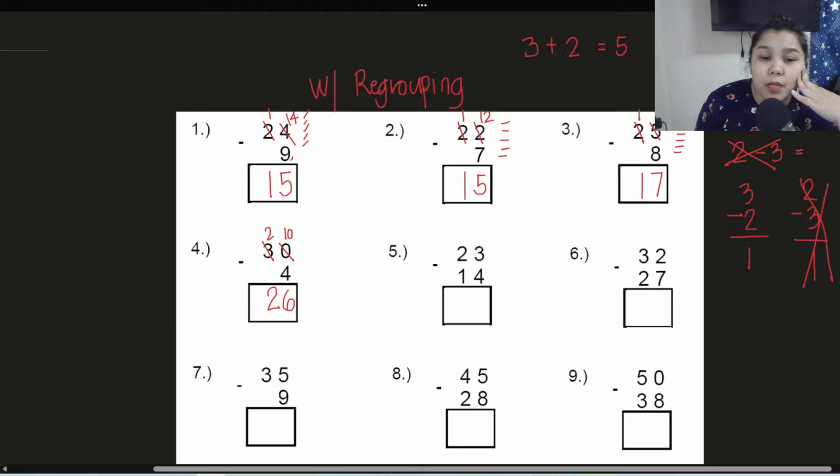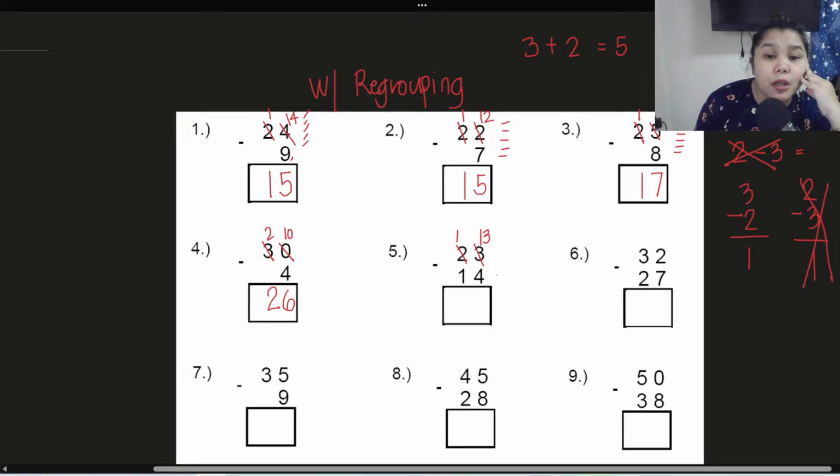Next, 23 minus 14. So, if you notice, we have now a 2-digit subtrahend. Okay, so let's begin still. Begin with 1s. So, 3 minus 4, no. So, if our answer is no, then we need to borrow. So, we need to borrow from here, and this will become 13. So, 13 minus 4, ilan siya?